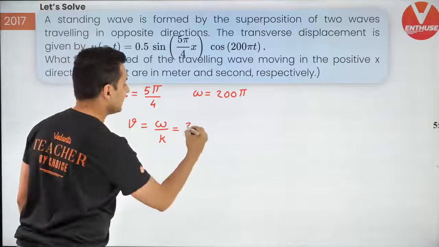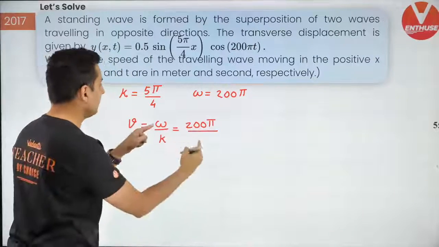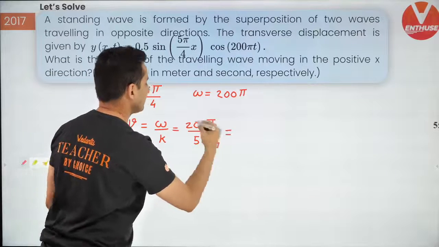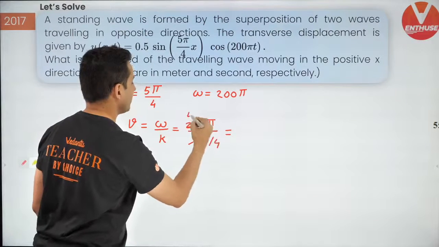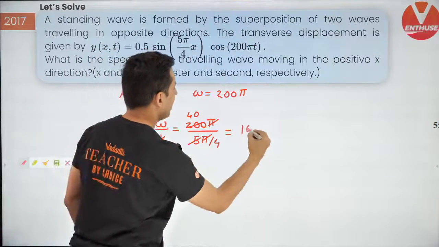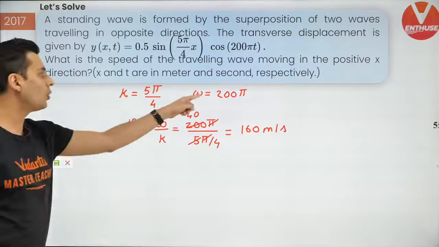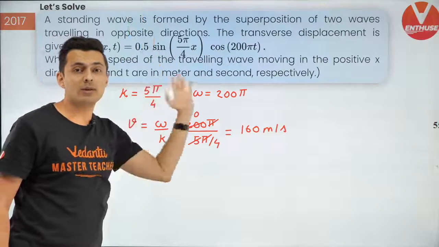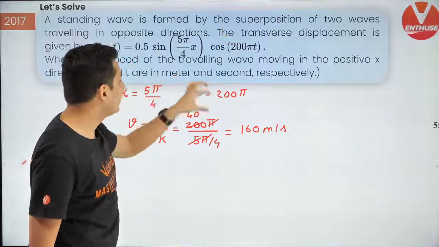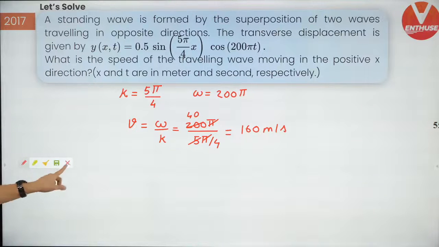So it will become 200 pi divided by 5 pi by 4. So guys, this 5 will become 40, pi and pi go, so it will become 160 meters per second. That should be the answer. The velocity is omega by k. Don't worry about such a big question. Wave questions are simple. Just identify omega and k, and that is the wave speed. That's it. Very good.